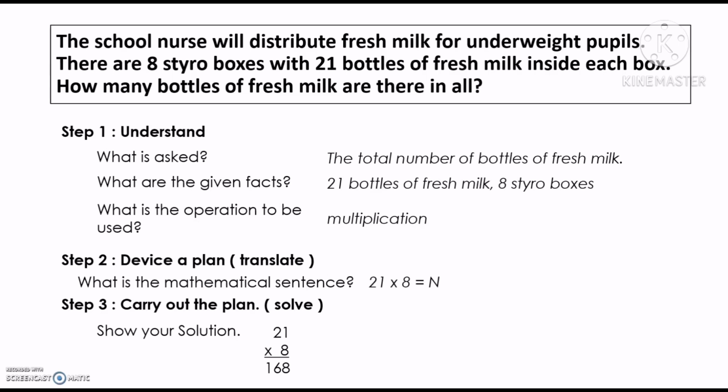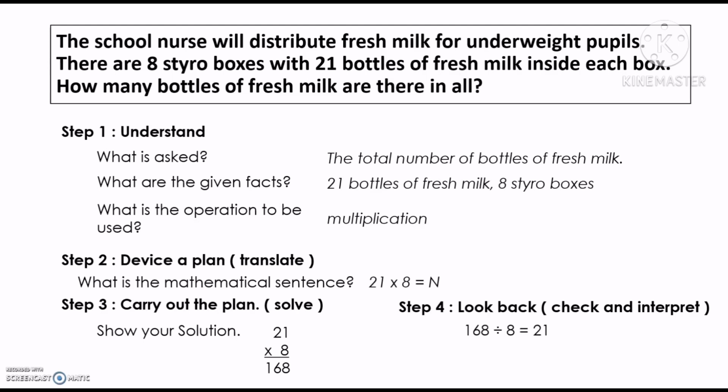What we're going to do now is step 4, which is look back, where checking and interpreting are under it. How are we going to check? We're going to get the quotient of the product and our multiplier.